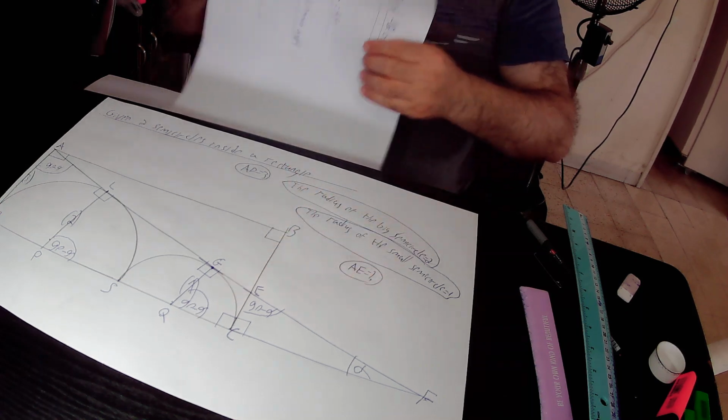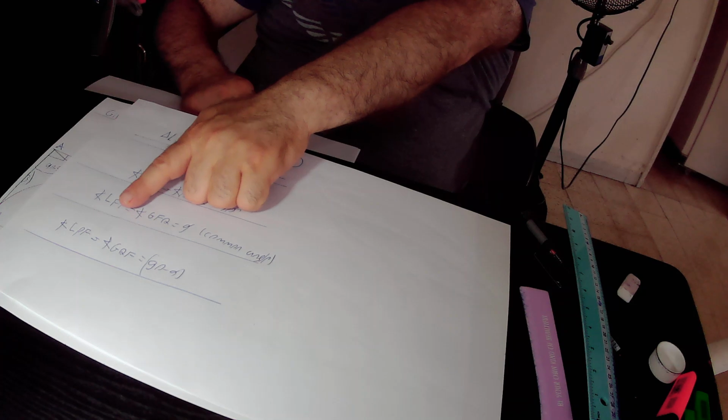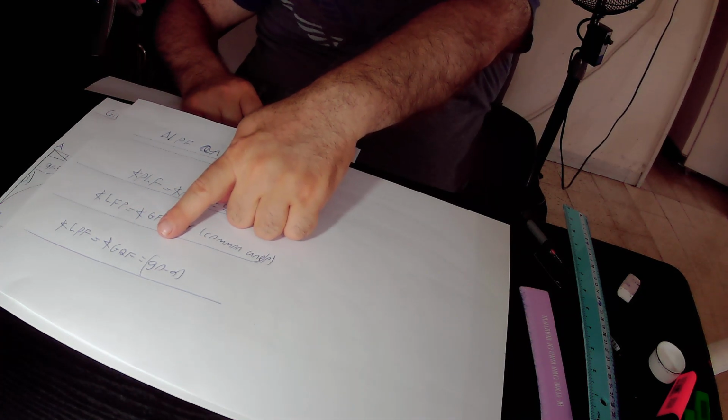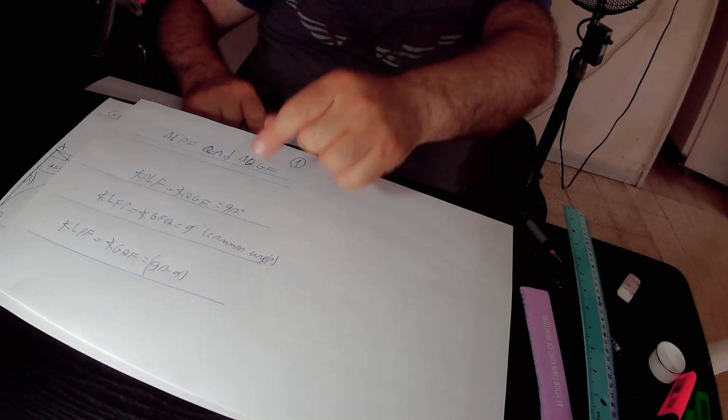Repeat again, we found out that angle LPF in the big right triangle LPF equals angle GQF in the small right triangle FGQ. They are both equal to 90 degrees minus alpha, therefore they are equal to each other.